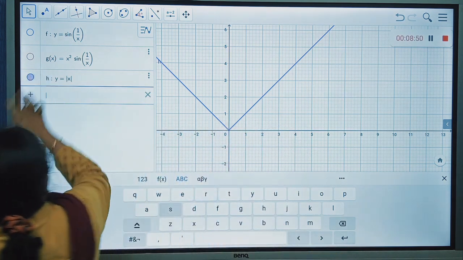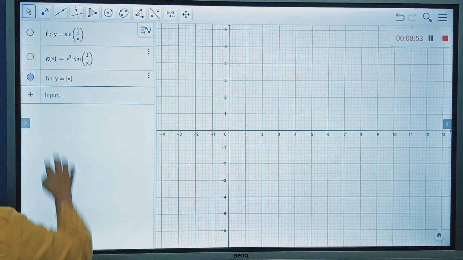Okay, next we will see the sum of two modulus functions.